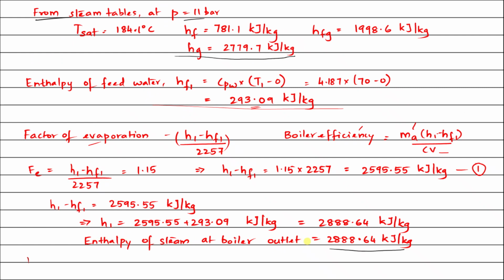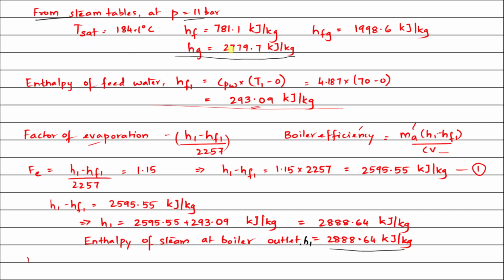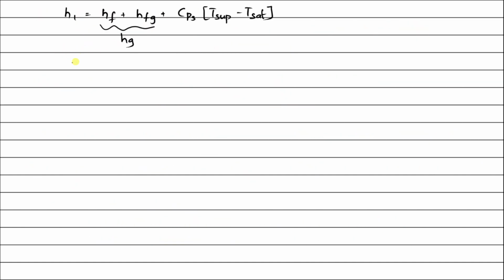Now from this expression, this is also denoted as H1 here. H1 equals HF plus HFG plus Cp of steam into T sup minus T sat, the expression for the enthalpy of steam. The sum HF plus HFG is nothing but Hg, the enthalpy of saturated steam which we have found.